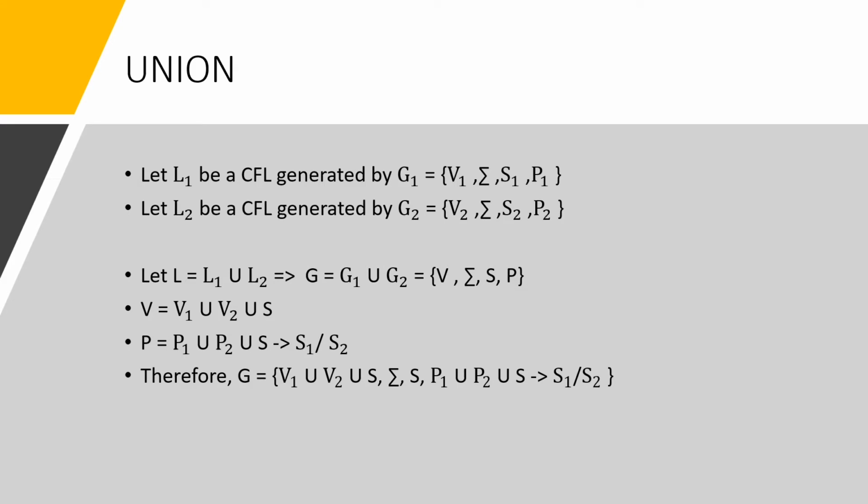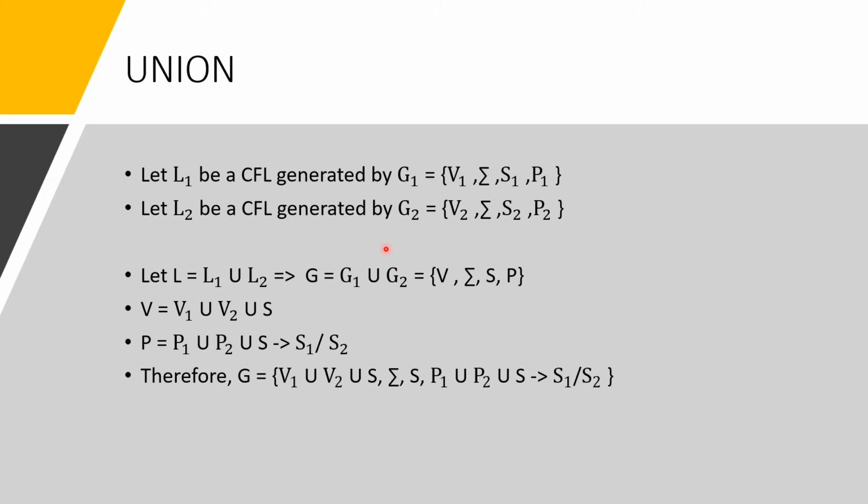Let L be the language obtained by union of L1 and L2, and G denoted as (V, sigma, S, P) be the grammar of L. Here you can see L equal to L1 union L2, which is implemented as G equal to G1 union G2.